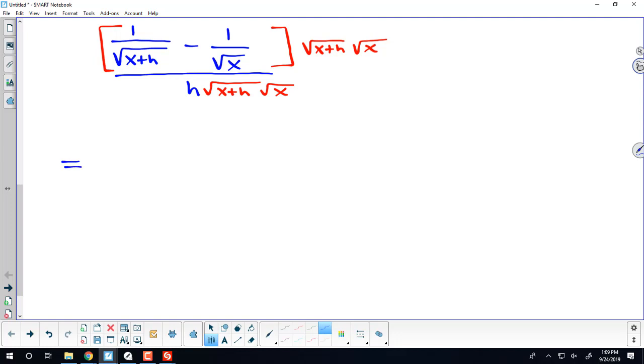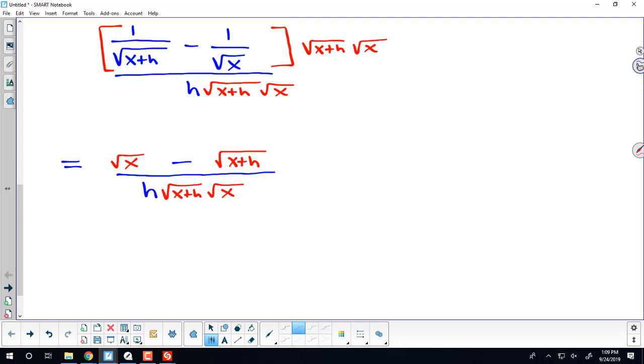So multiplying out the numerator, what would I get? Root x minus root x plus h, and then still over this. Remember, we don't want to multiply or try to simplify the denominator, because the problem is that h is going to 0. We need to get rid of that in the denominator.